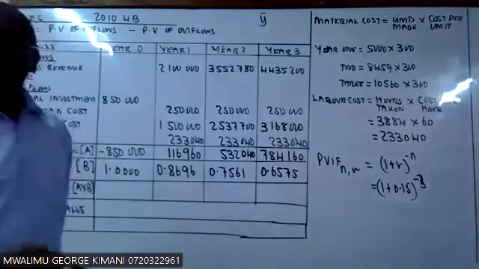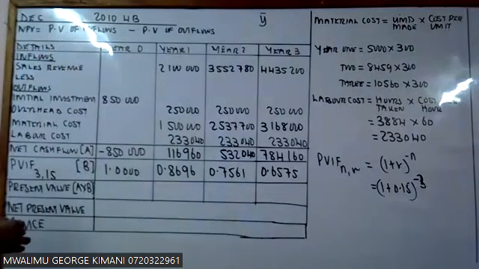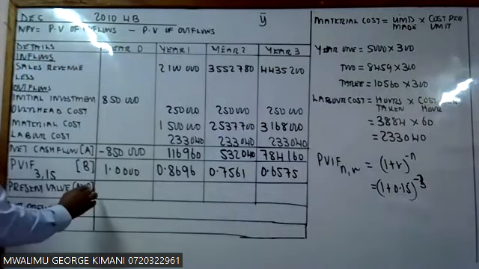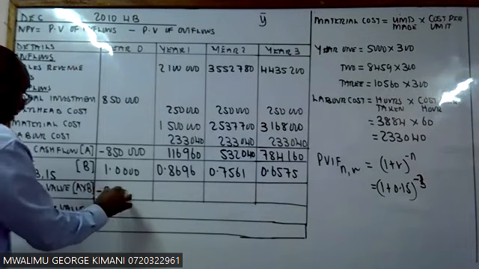So let's now get the present values. When you multiply, you get -850.